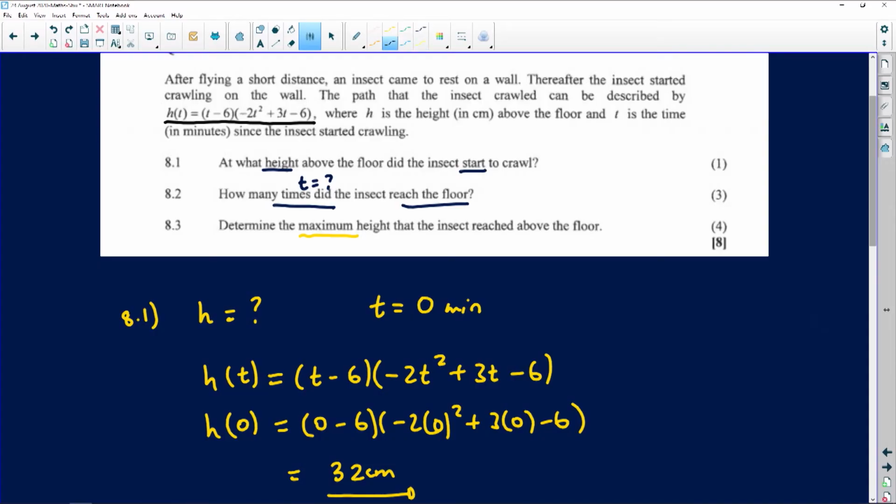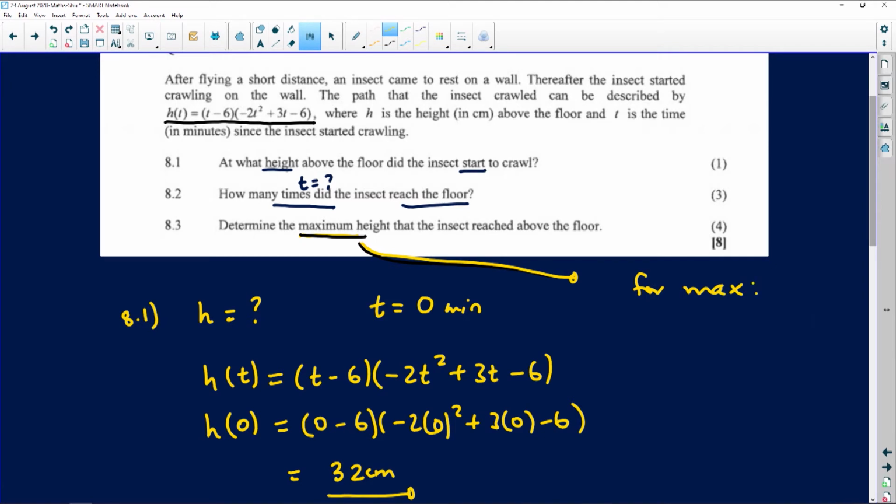But the key thing here is at the maximum point, the graph is neither increasing nor decreasing. So it has a gradient of 0, and the gradient is the derivative. So what we're simply going to do here is take this word into consideration. They are saying maximum. So we know for a fact that for maximum, please keep that in mind, the graph is neither increasing nor decreasing.